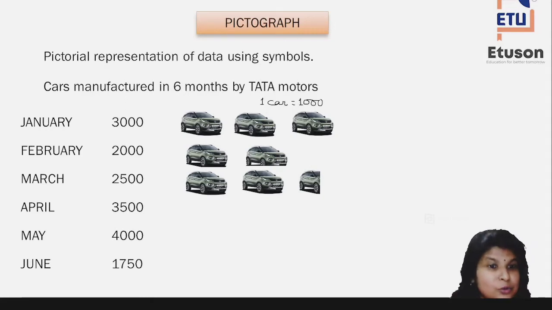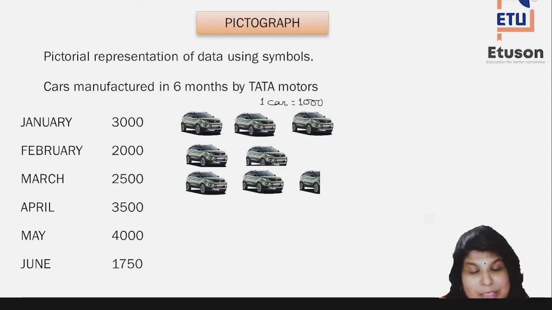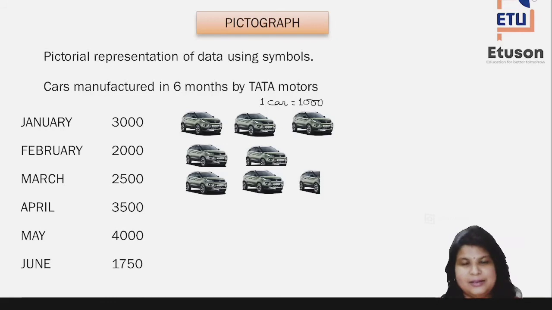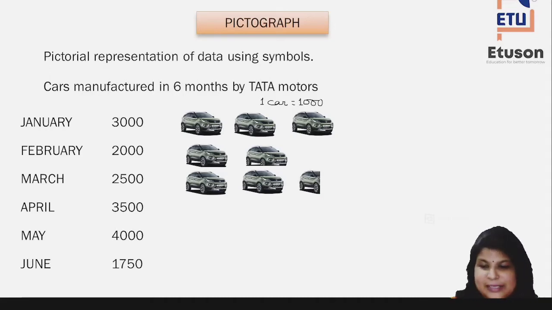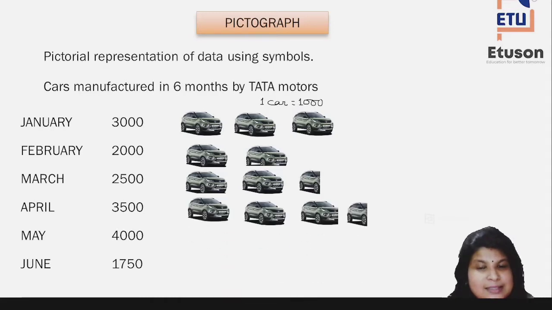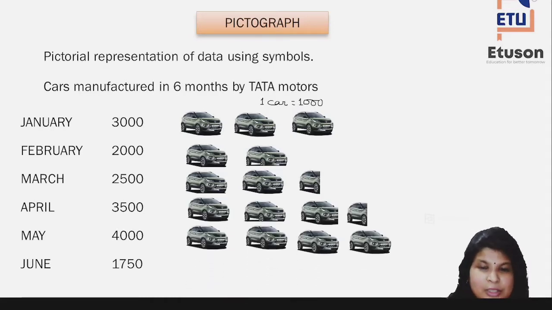March, 2500. Now to show 500 here, I need to take 50% of the car. So I have taken 2 full cars and 1 half car to represent 500. Similarly, for 3500, how many cars? 3 and a half. 4000, 4 cars. And what about 1750?